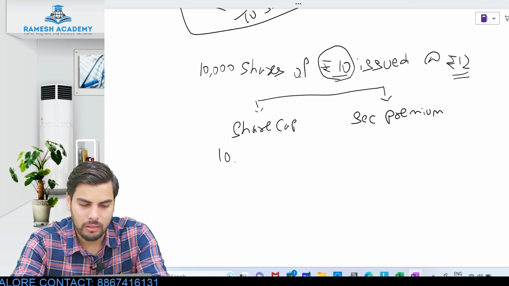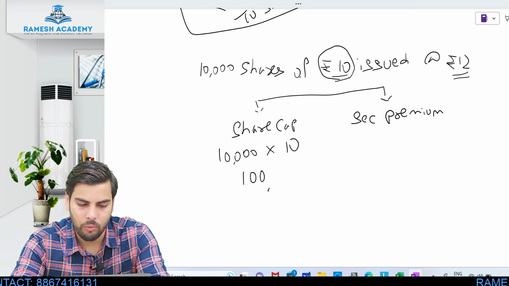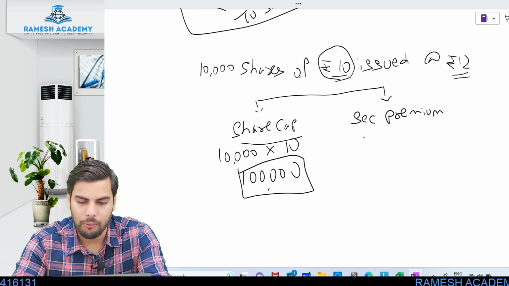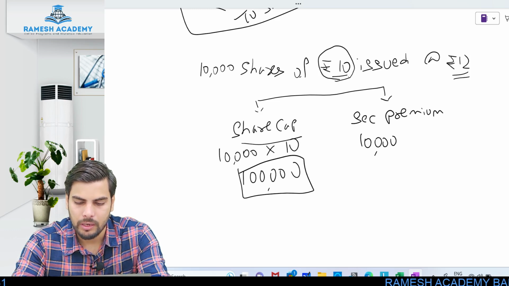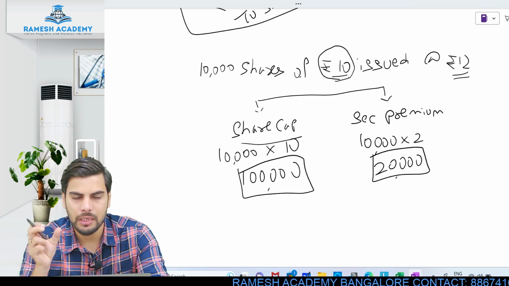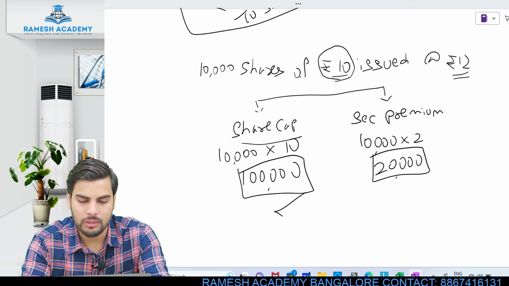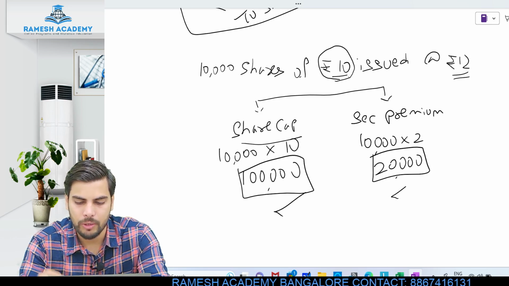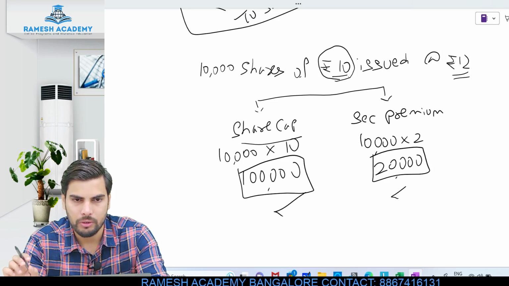So 10,000 shares into 10 rupees is 1 lakh, which will be transferred to share capital. And securities premium: 10,000 shares into 2 rupees is 20,000 rupees, which will be transferred to securities premium. Is this clear? So in my balance sheet, share capital will be shown to the extent of 1 lakh and securities premium to the extent of 20,000 rupees.